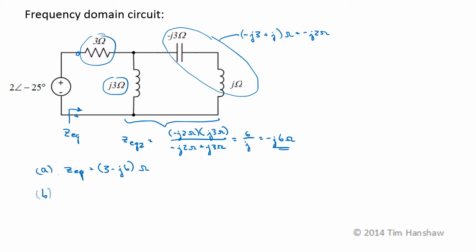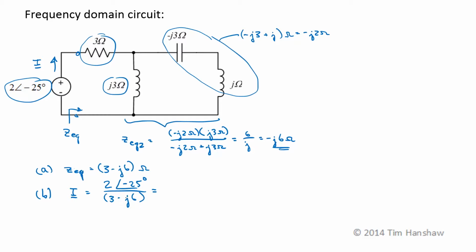Part B is to find the current out of the source, I. I is going to be the voltage, 2 at an angle of minus 25 degrees, over the equivalent impedance, 3 minus j6 ohms.